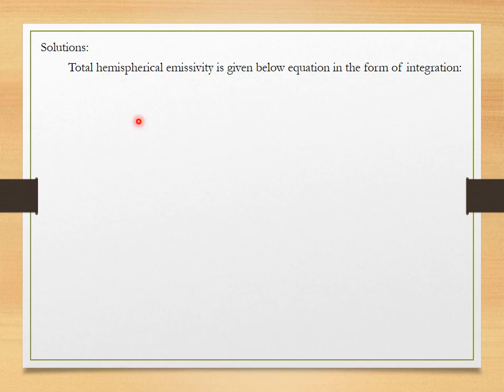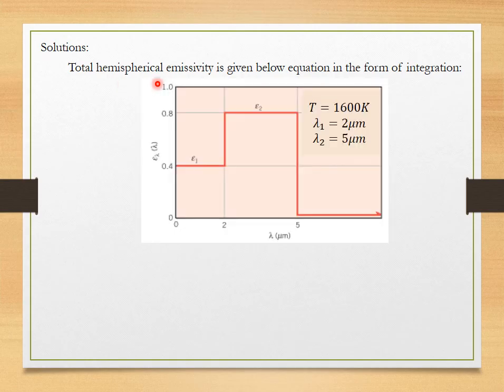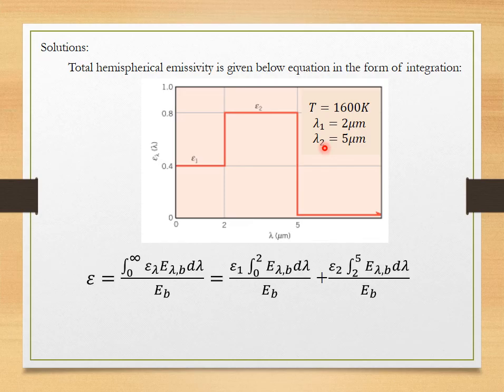To solve this question, we need to know a few terms or equations related to this problem. By having this information, T, lambda 1 and lambda 2, the general equation we can denote as emissivity equal to the integration of emissivity lambda and the emissive power of the blackbody over the emissive power of the blackbody.